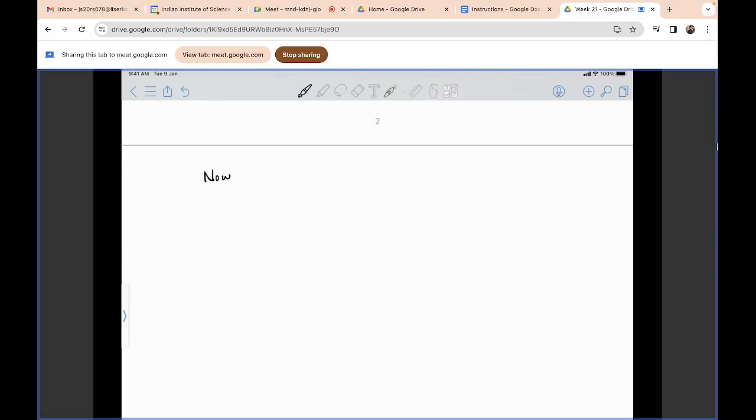Now we have to check why we can interchange the integral and summation.